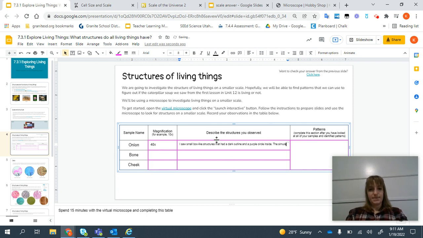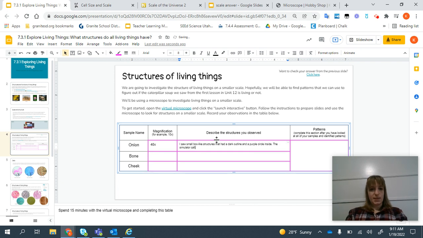The simulator called the box-like structure cells, and the purple circles nucleus.